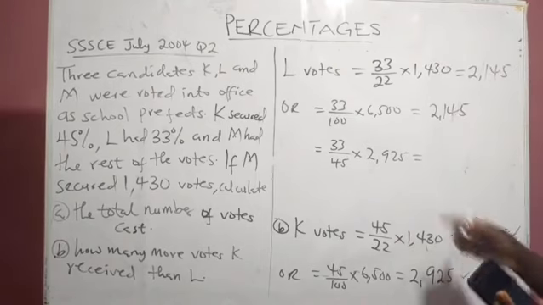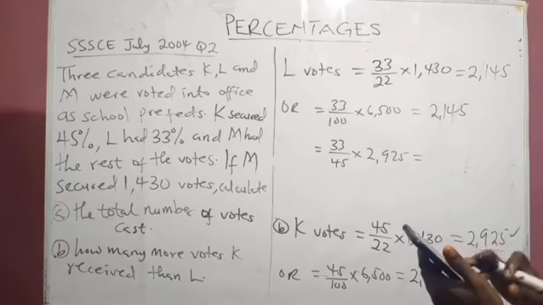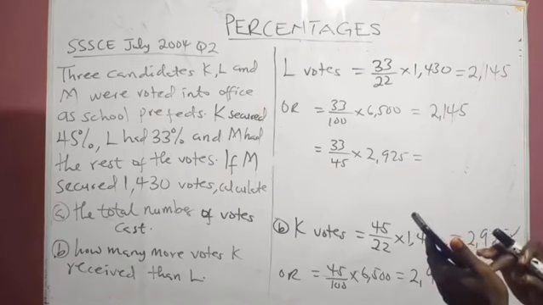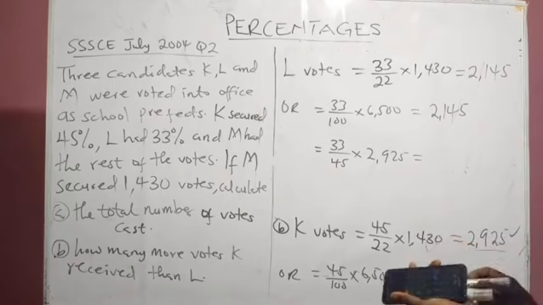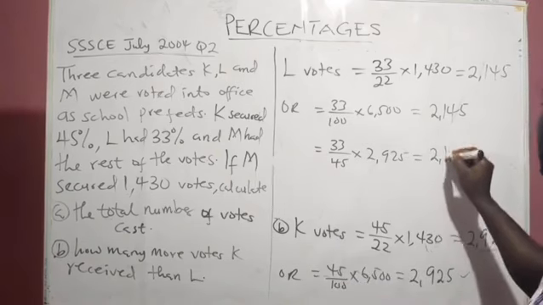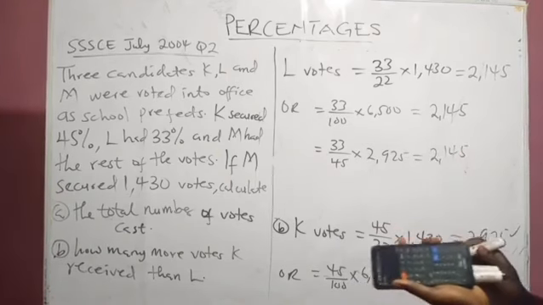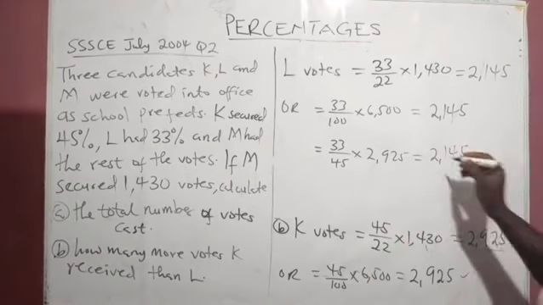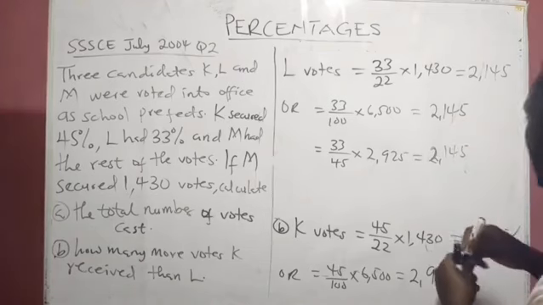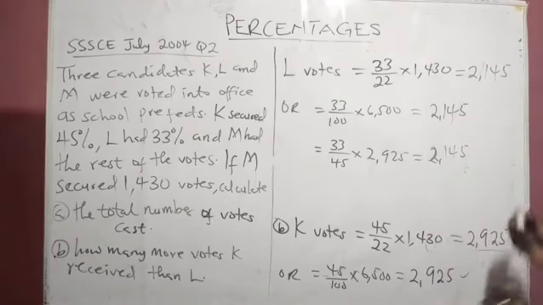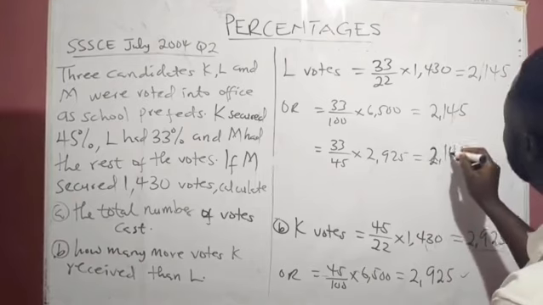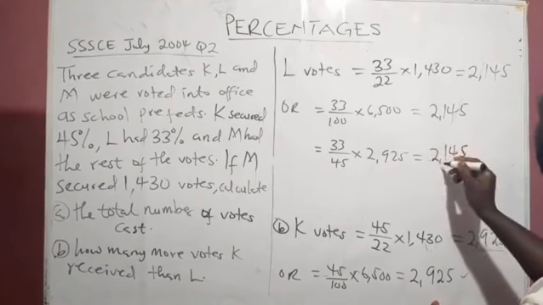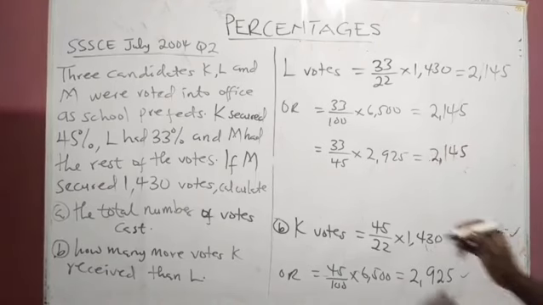Or even 33 divided by 45 times 2,925, the same 2,145. So this is telling us that, as I told you, percentage is very, very simple. The same 2,145. So we are done answering the question.